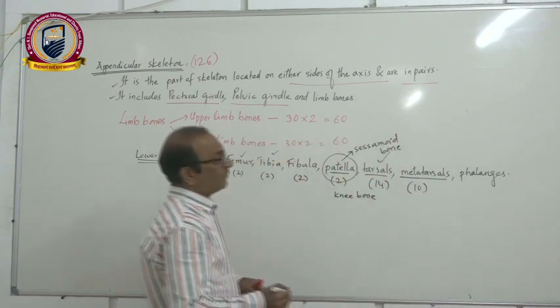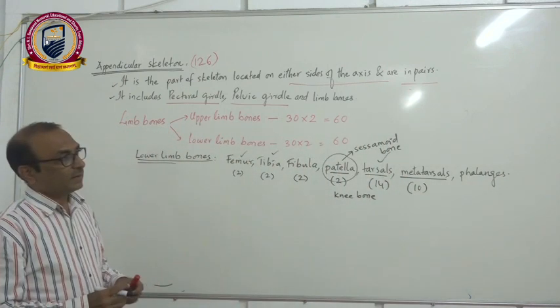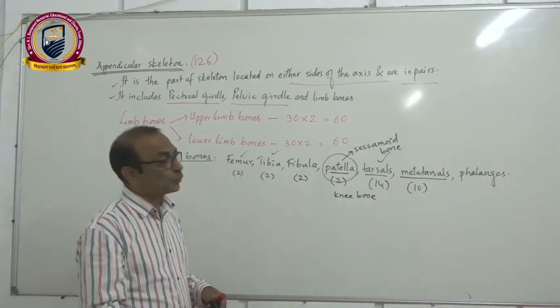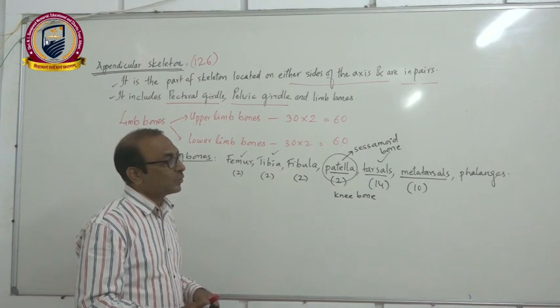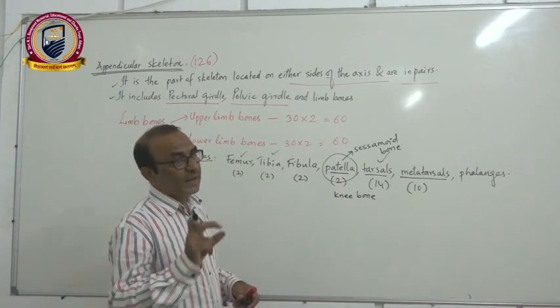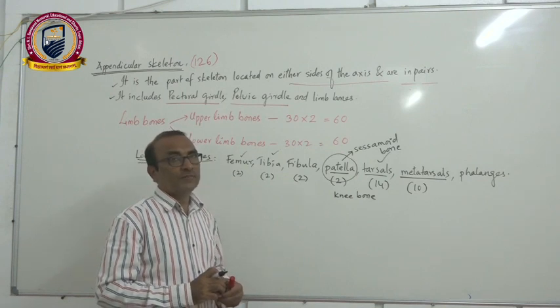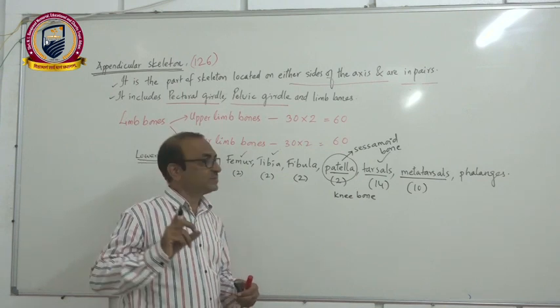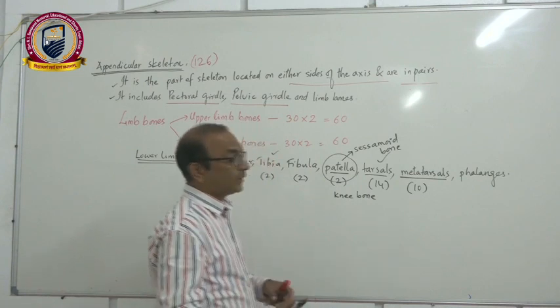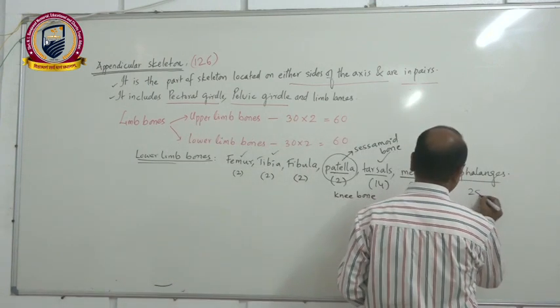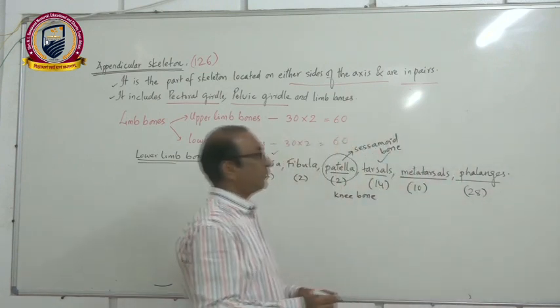And of course, the phalanges again remain the same. We see that the hallux, or the first toe, the larger toe, has only 2 phalanges, and the remaining toes in our feet have 3 phalanges. So total they are also making 14 on one side. So 14 plus 14, again 28 phalanges in all in our feet.